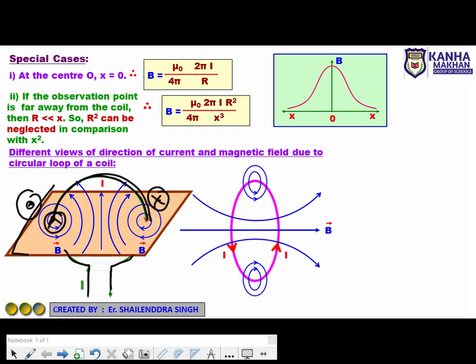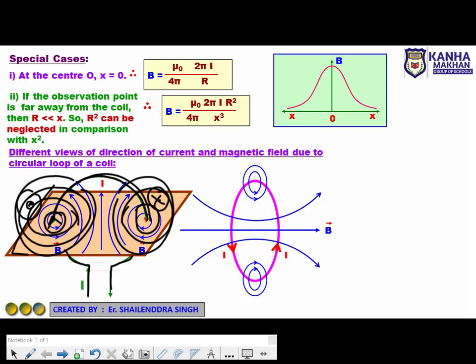Magnetic field will make such type of loops here, and here it will make, because when you put the thumb along the direction of current in the downward direction like that, magnetic field will make this type of clockwise loops. Magnetic field will also be circular here as well as here. Here it will form anti-clockwise and here it will form clockwise magnetic loops.